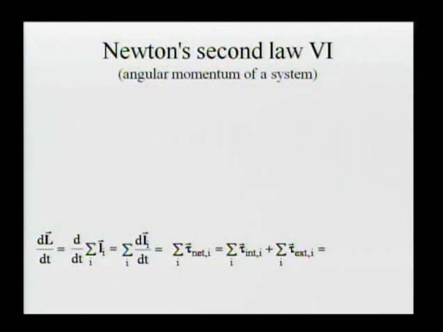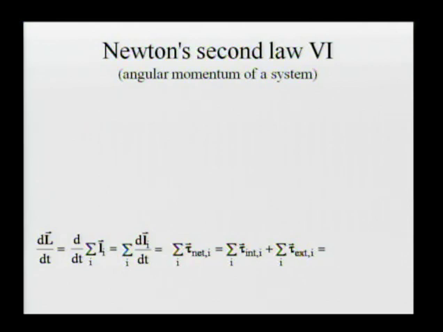And because of Newton's third law, here I have to add over all particles. The torque exerted by particle i on particle j happens to be opposite to the torque exerted by particle j on particle i, similarly to forces.